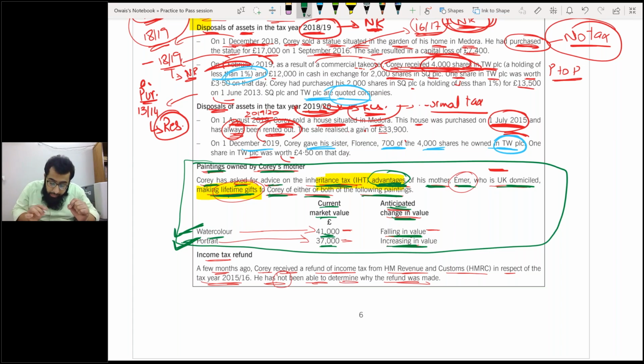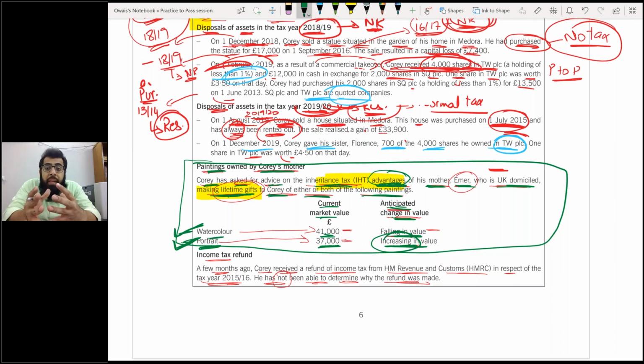Now, as far as the value of the portrait is concerned, its value is increasing. So it is better that you make a lifetime gift so that its value gets locked at today's value.